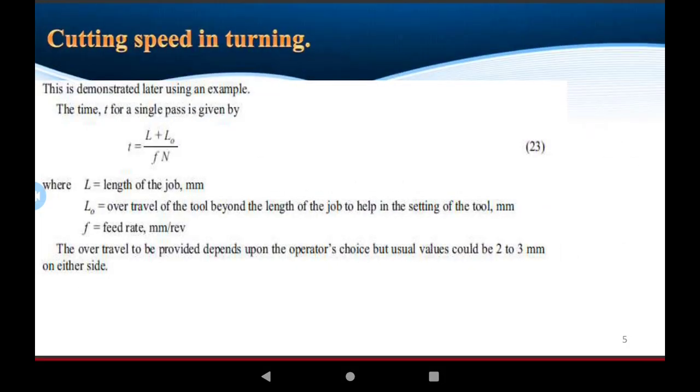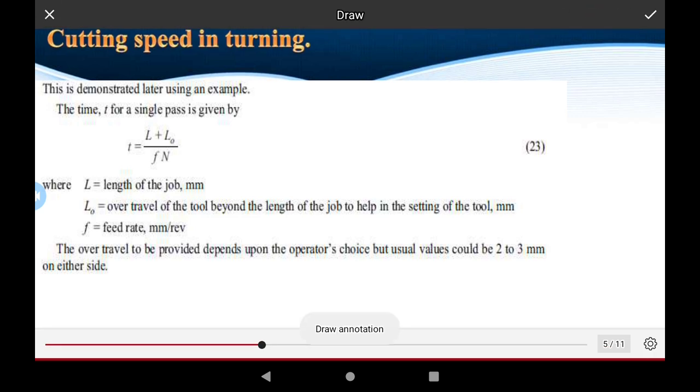The cutting speed in the turning operation. Now I will demonstrate later using examples the machining time T for a single pass.